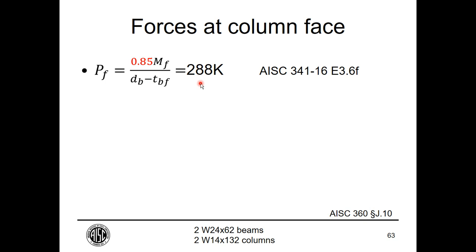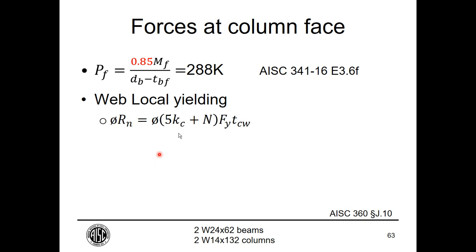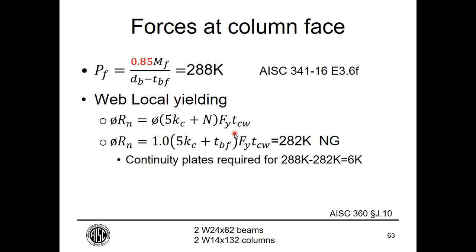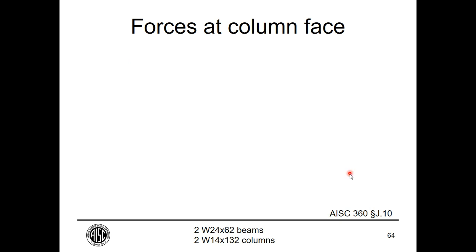That gives us an applied force of 288 kips. Check web local yielding against that. Here's our equation for web local yielding. The bearing length is the thickness of the flange. And it turns out we're just barely no good for web local yielding.